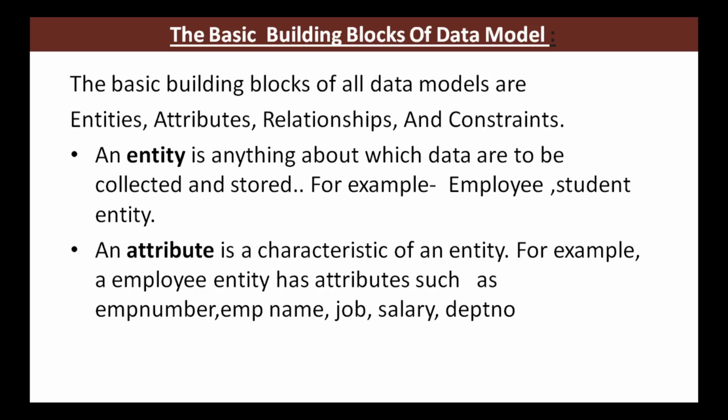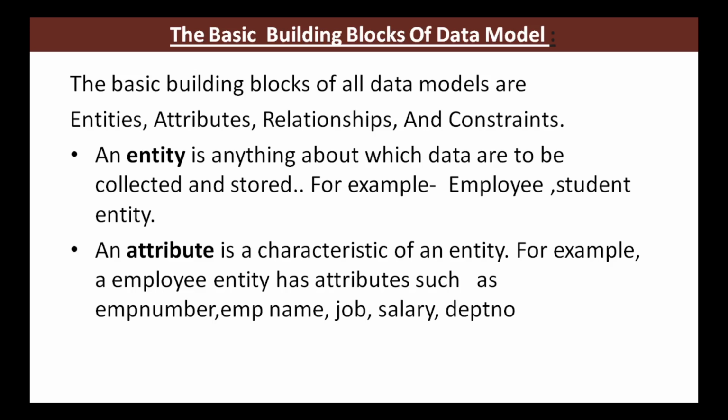Okay, and coming to attribute. What is an attribute? An attribute is nothing but a characteristic of an entity. Okay, so what is the table definition? A table is nothing but an intersection of rows and columns and also a collection of records. A record is nothing but a collection of fields. Here the field is known as an attribute, which is used to describe the data in the table.